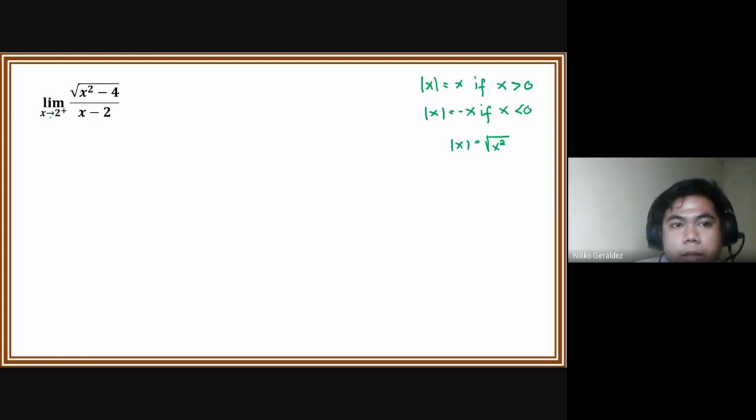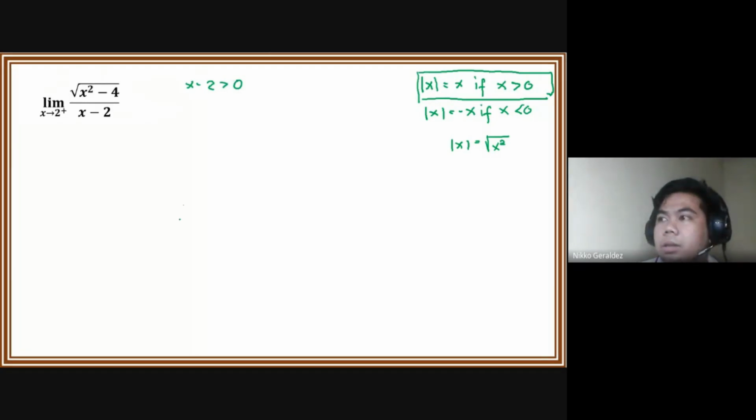So, x approaches positive 2 from the right. So, magagamit natin itong absolute value of x equal to x if x is greater than 0. So, yung x minus 2 natin should be greater than 0. Para magkaroon tayo ng x minus 2.